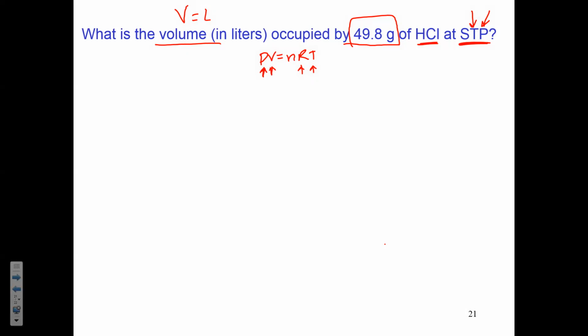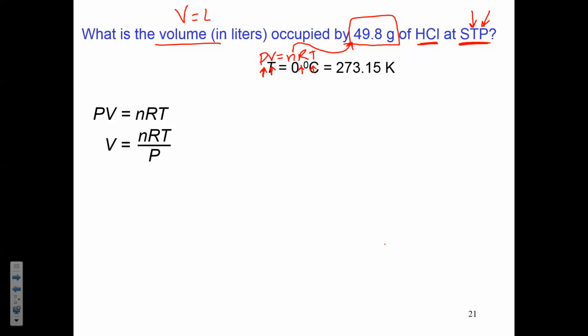But I don't have moles, or so we don't think. But we've learned in the past how to take grams and convert it to moles. So that is the first step. Let's figure out our n, and that way we can solve for that volume variable.